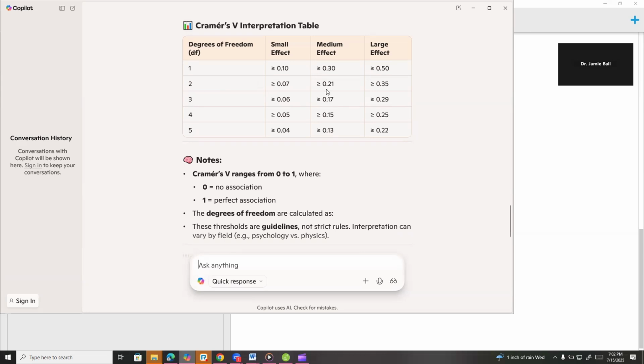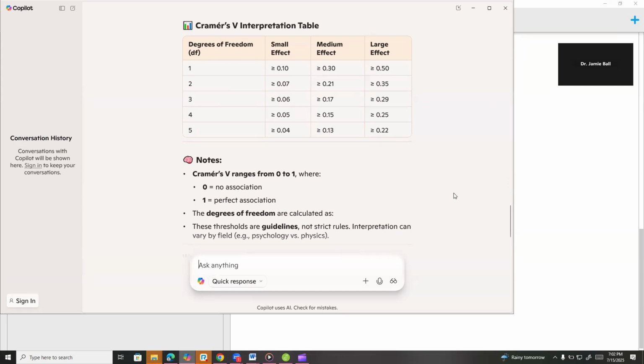And I had 0.23. Well, that's a medium effect. So in addition, I would say my effect size was a medium effect. Cramer's V equaled 0.23.